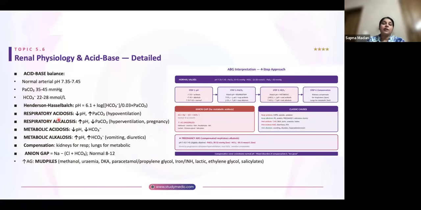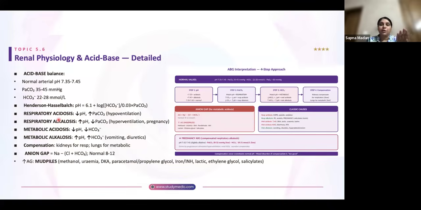Respiratory acidosis. There is a mnemonic, ROME: R-O-M-E. In a respiratory condition, whether respiratory acidosis or respiratory alkalosis, the pH is going to move opposite. If it is acidosis, the CO2 will go up, and because it is acidosis, the pH is going down.